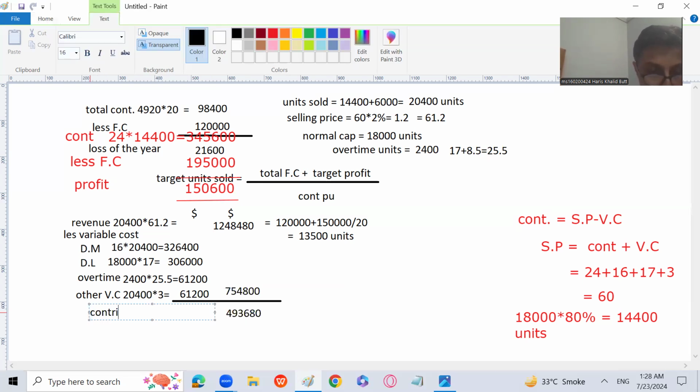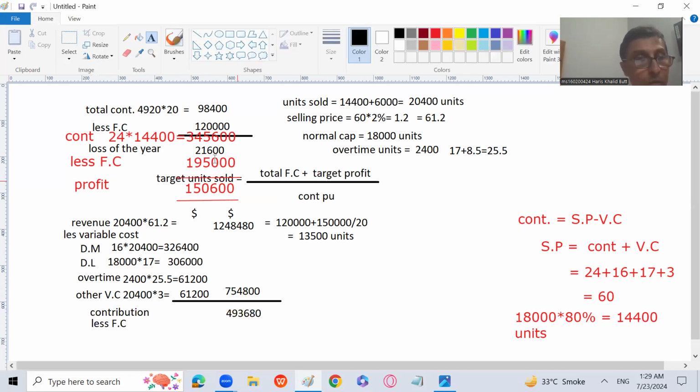Now what I'm going to do, I will subtract fixed cost from this to find the profit basically. Now I'm going to tell you a very important thing, which is in your mind also, that fixed cost in total will not change. The fixed cost which we have calculated over here is at a current production capacity of 14,400 units, where the normal capacity was 18,000.